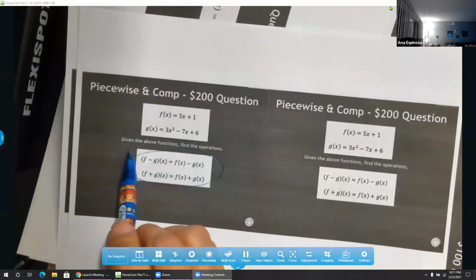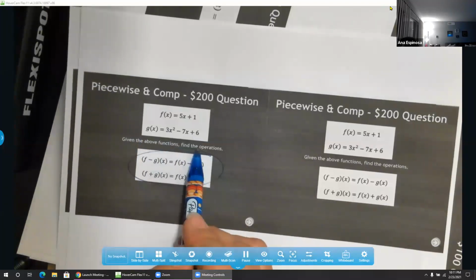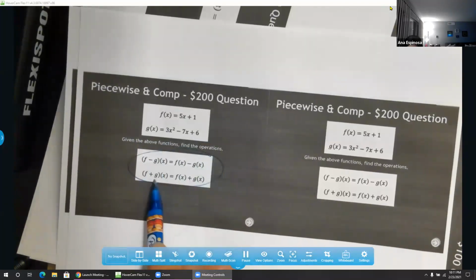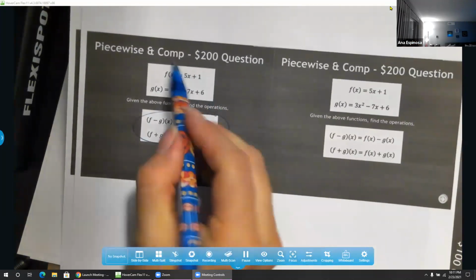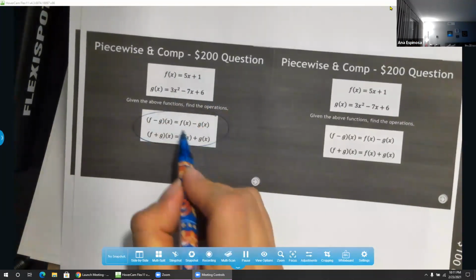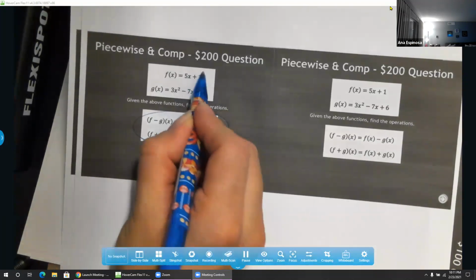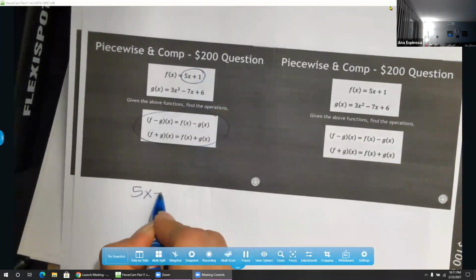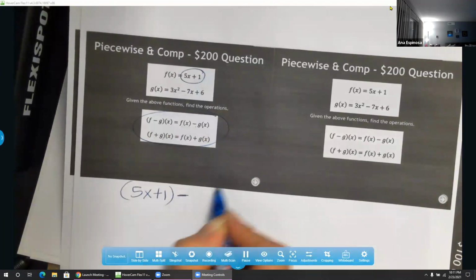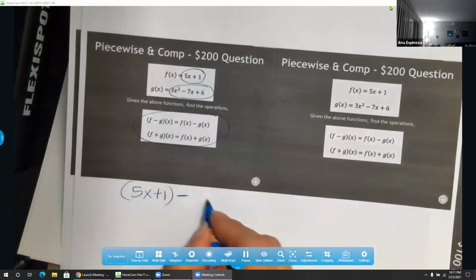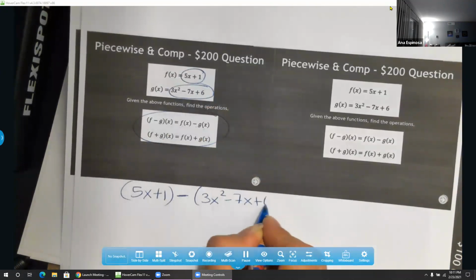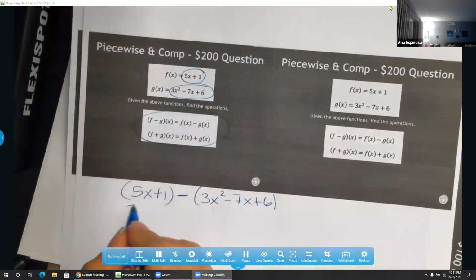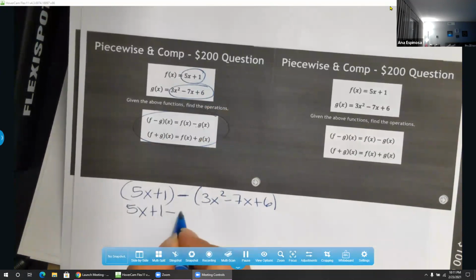So it says, given the functions above, find the operations. I want you to find their subtraction and their addition. The most important part is follow the order. So f of x minus g of x. I'm going to take this and subtract g of x, which is that. Do the math. 5x plus 1 minus 2x.